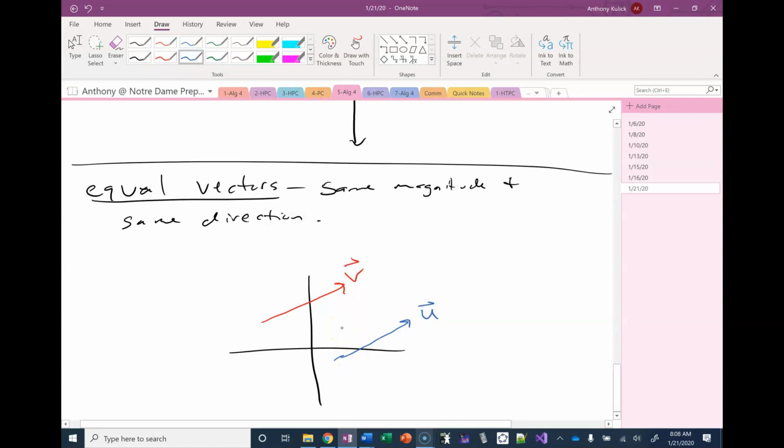So if this is my vector v and my vector u, do these look equal to u? Yeah, they eyeballishly look equal, right? What's one way we could check to see if they're equal?